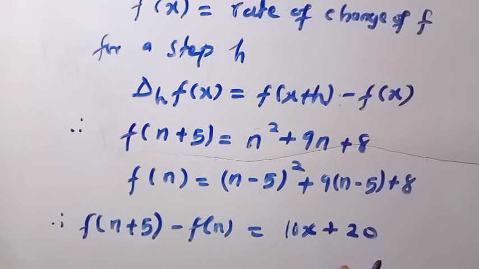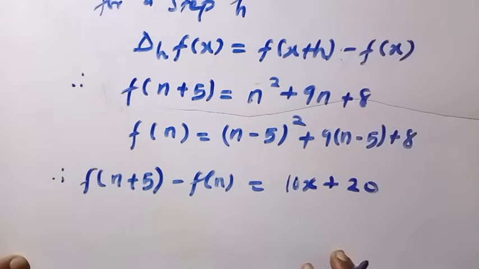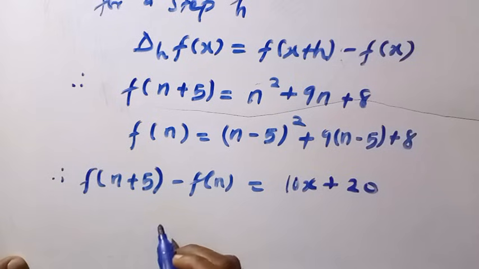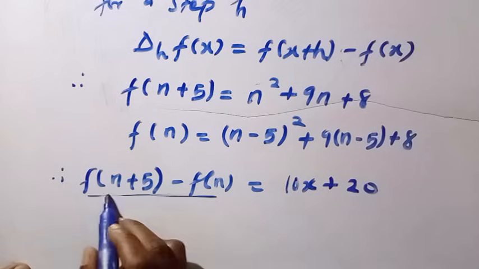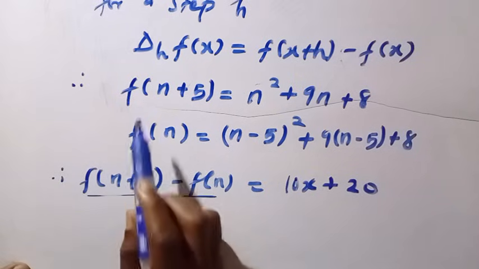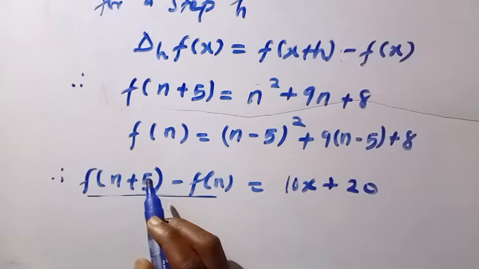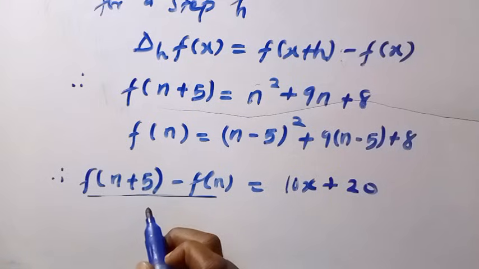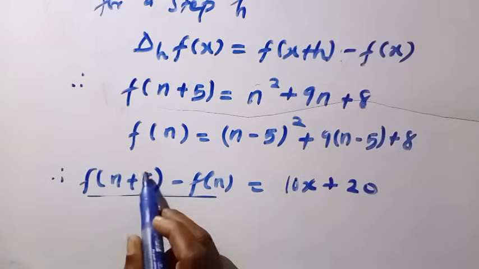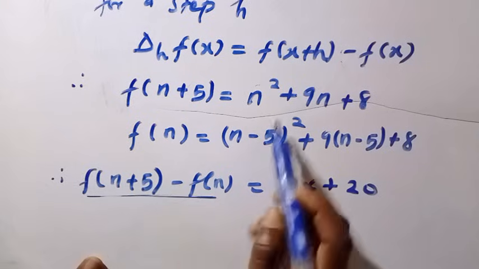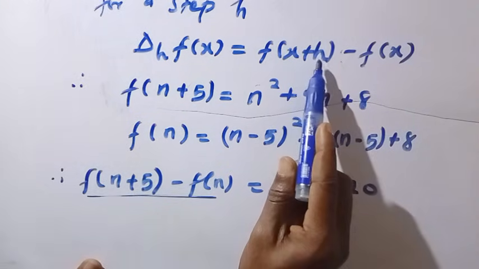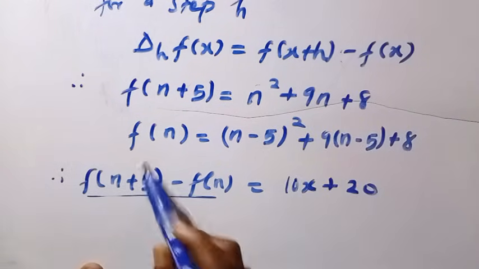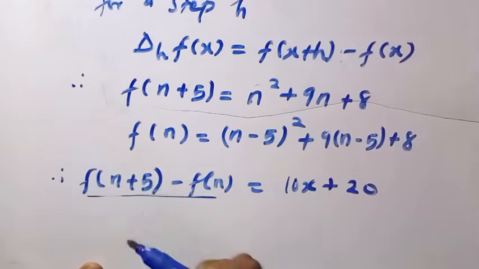The whole of this shows that it is our change with subscript 5 of f. I use 5 because of x plus h, which means our h here is 5.